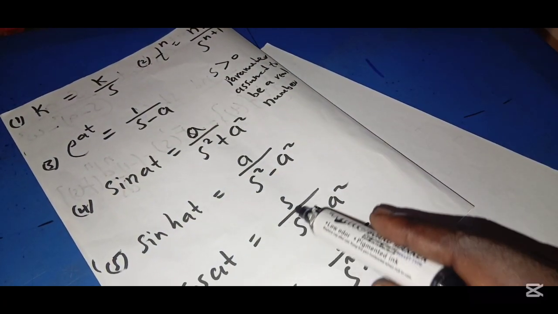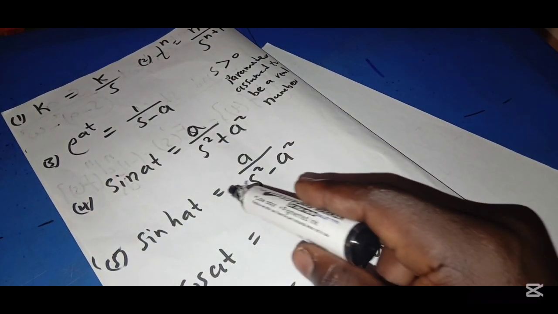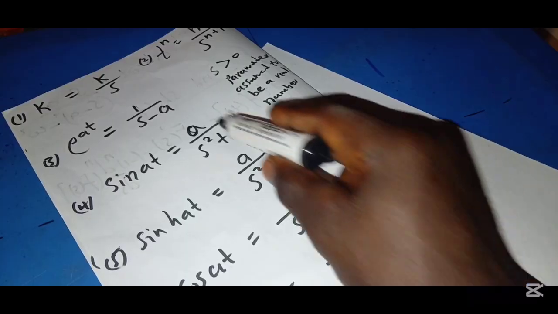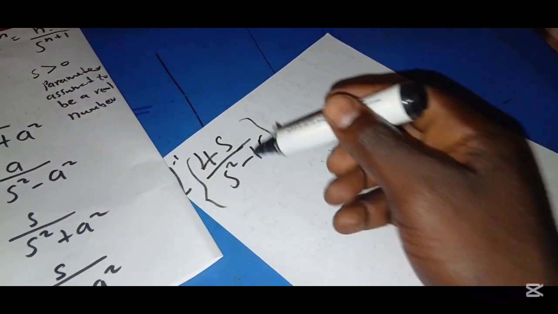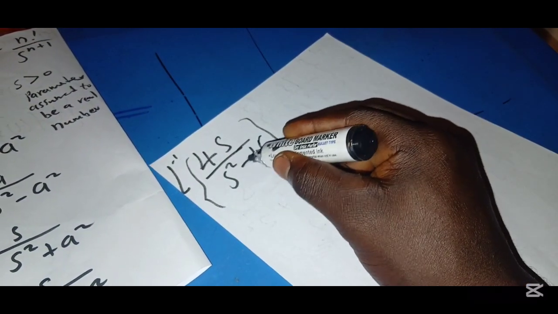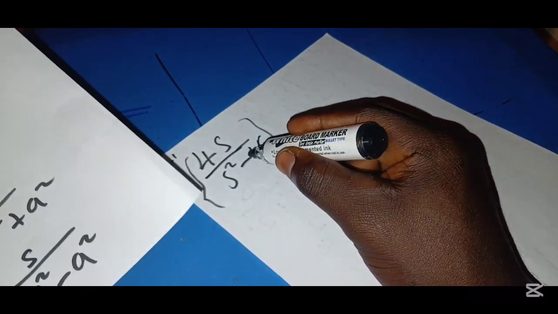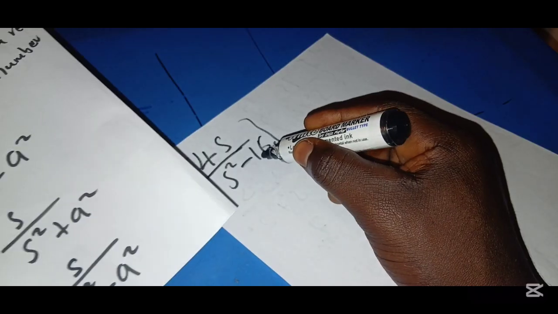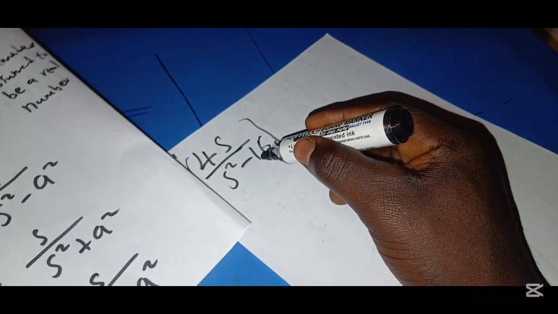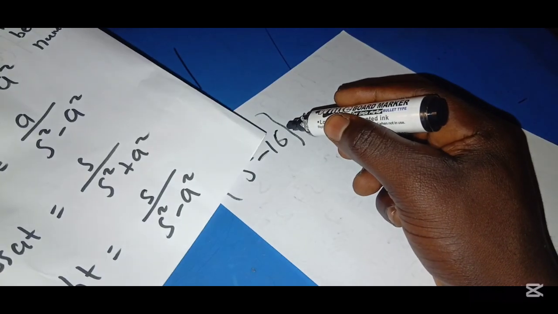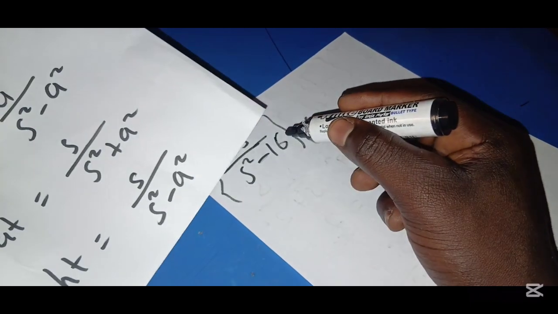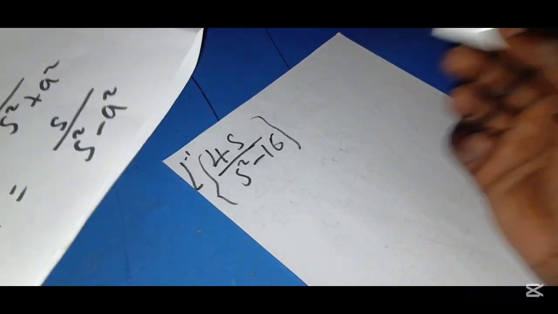For cos function, we have s at the numerator, right? If it were to be sine, then we would not be having s. Well, the denominator will tell us that there is a minus sign here, indicating that it is cosh at. You have to be very careful when analyzing this, else you might choose a wrong answer. Yes, so it is cosh at function.